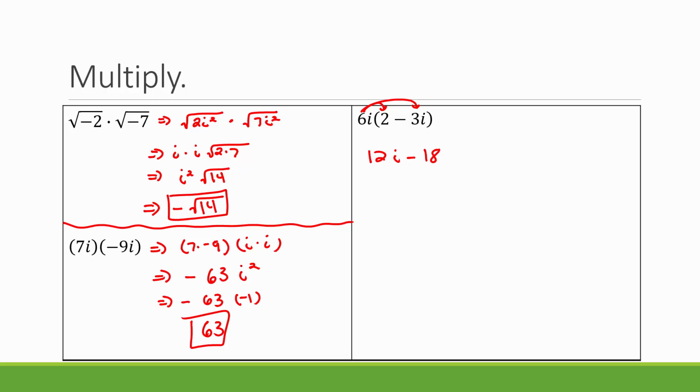And remember, i times i would be i squared. Now, since I have this i squared on the outside of my radical, that's not underneath the radical, remember what we need to do with it. We need to change it to -1.